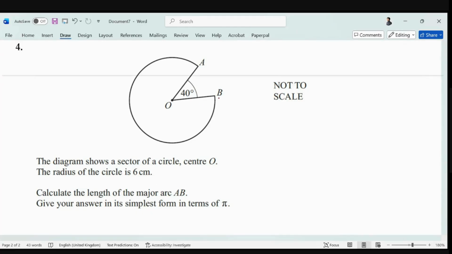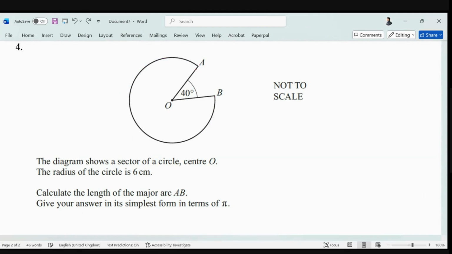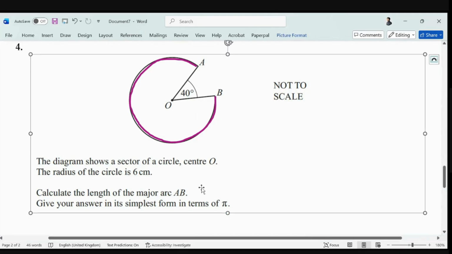What is the length of major arc AB? This entire length of the arc is the major arc AB. So how do we find the arc length?